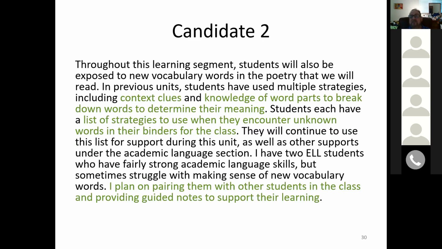Candidate 2 does a better job with this, okay? And we can see that candidate 2 does everything the other candidate does, but also includes things like context clues, a list of strategies. He discusses 2 ELL students and how he or she is going to work with the ELL students to support their learning.